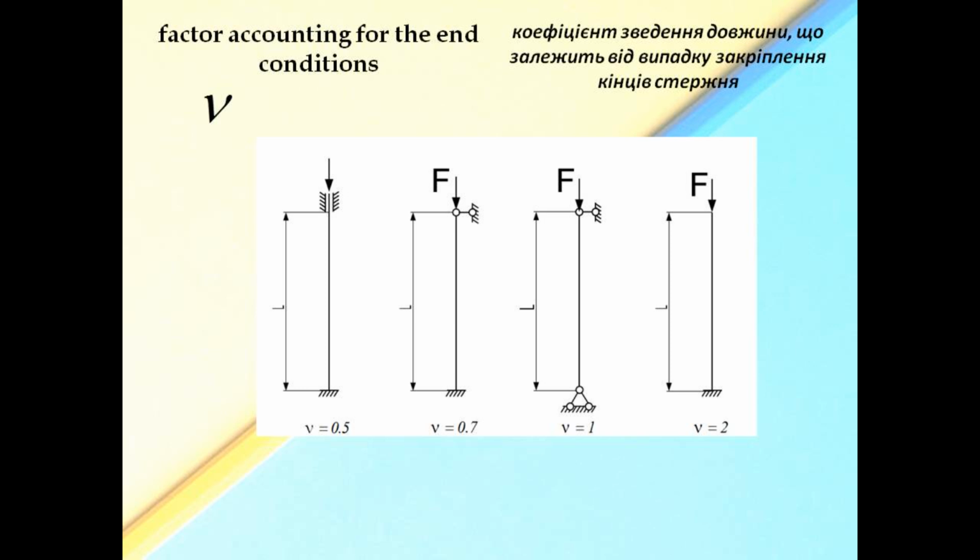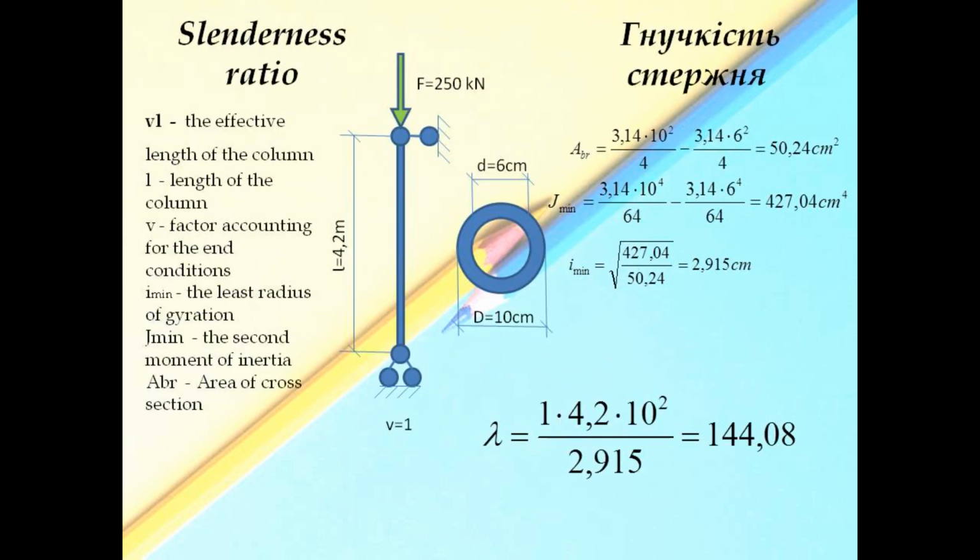If one end is fixed while the other is pinned, then the column can rotate about the pinned connection. In our problem, we have a column pivoted at both ends. That's why the effective length factor is 1. Let's calculate the slenderness ratio and move on to choosing the appropriate formula for critical load.